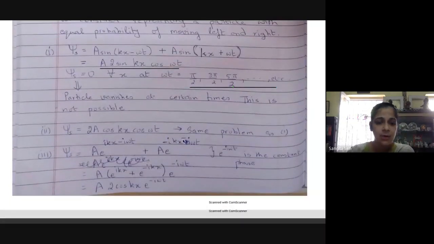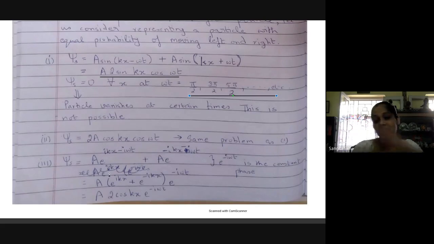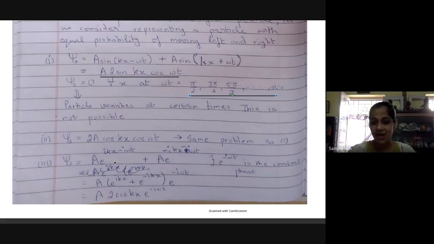Okay, now when we take the exponential form and we take a superposition state in this form, then we can take this e to the power minus i omega t common. Okay, so here I will tell you where I used to get confused. That is this wave traveling left and right. So I found a very nice note online explaining why a wave traveling to the right is written like this and a wave traveling to the left is written like this.